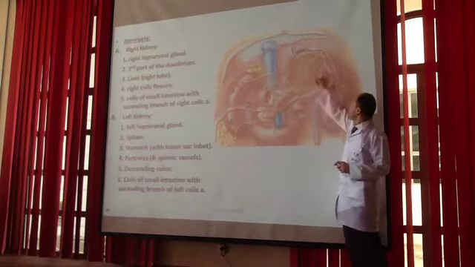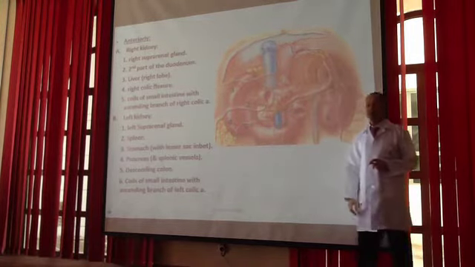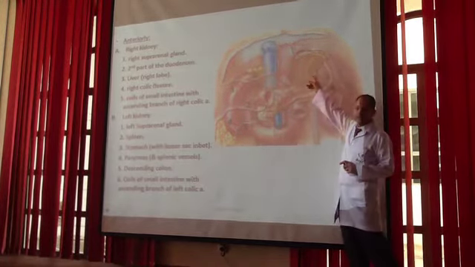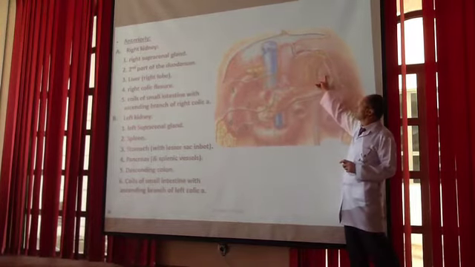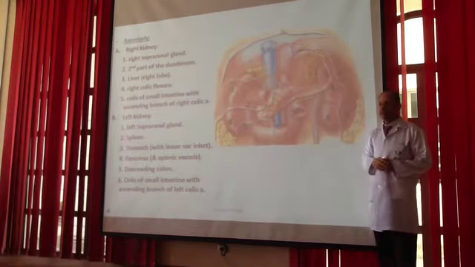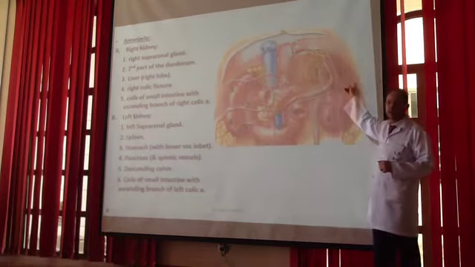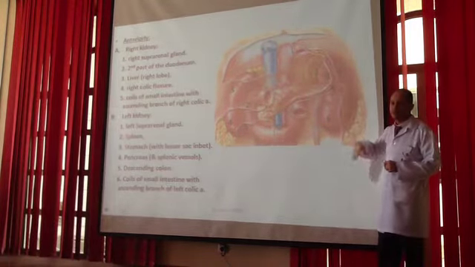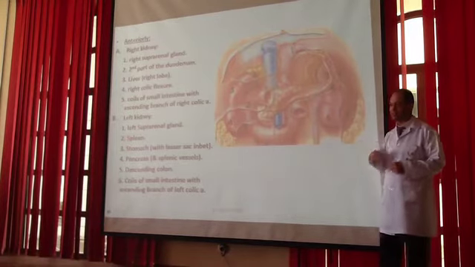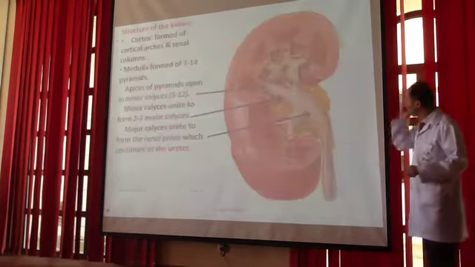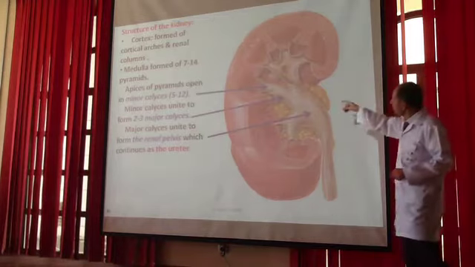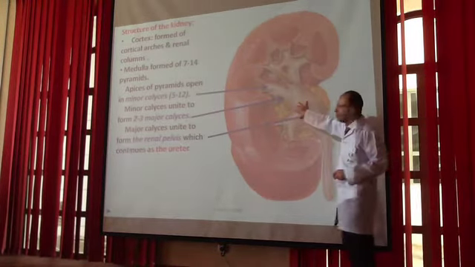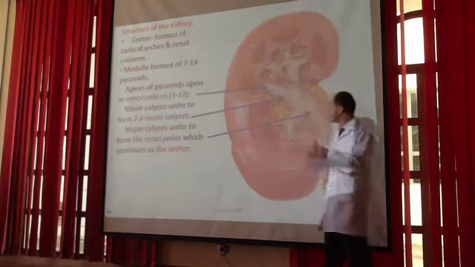So 1, 2, 3, triple S: suprarenal, stomach, and the spleen. In between we have the pancreas, one crossing in front transversely, and then the intestine, whether small or large intestine. This is the inside of the kidney. We have the pelvis, giving the major and the minor calyces.